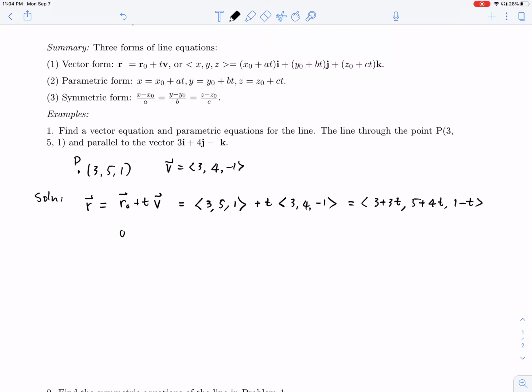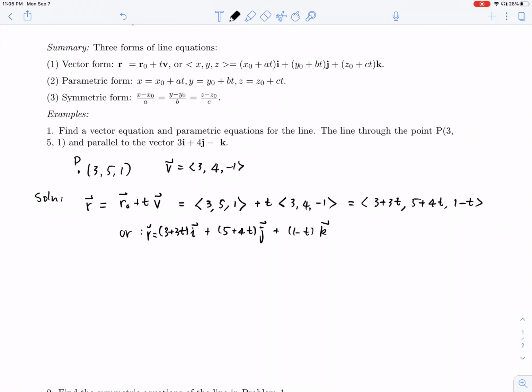Or you can just write it as (3 + 3t)i + (5 + 4t)j + (1 - t)k. So that would be the vector form of the line's equation.